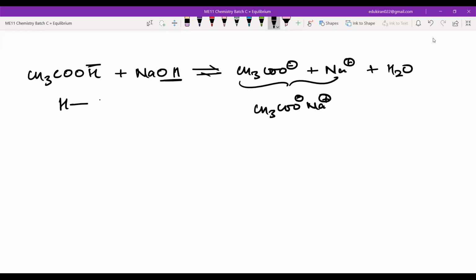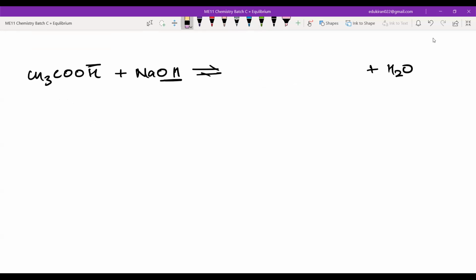Cl had negative because it was liberating H plus ions. And similarly, here we have CH3COO negative and Na positive. All of you are fine? Yes or no? Okay, fine. This is a salt. Now, when I dissolve this salt, CH3COO negative, Na positive, what is going to happen inside water?